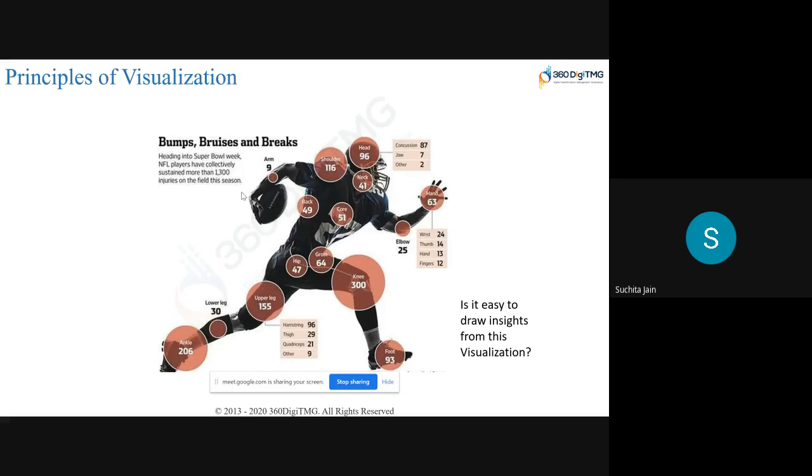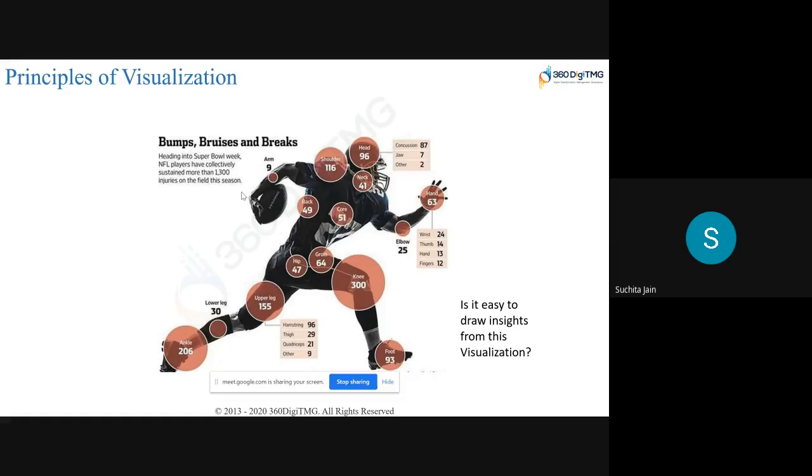Now, this is a very good example of bumps, bruises, and breaks. Is it easy to draw insights from this visualization? This is a rugby player, so it is showing the kind of injuries and breaks that a rugby player can go through during his career. How easy it is to just figure out which is the most sensitive part of his body.